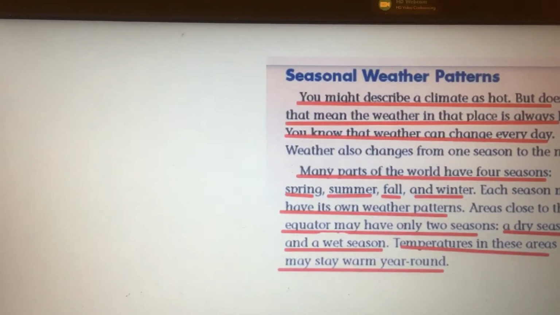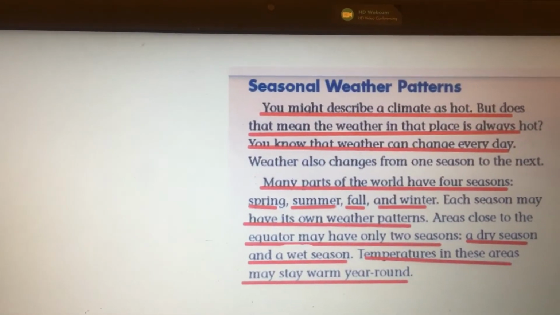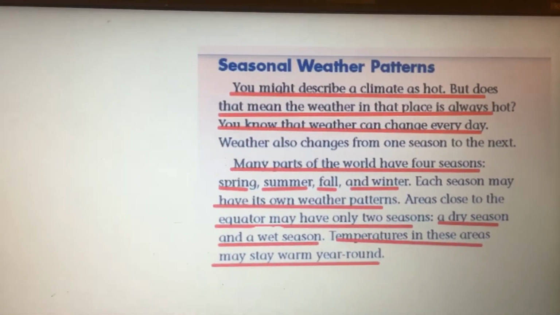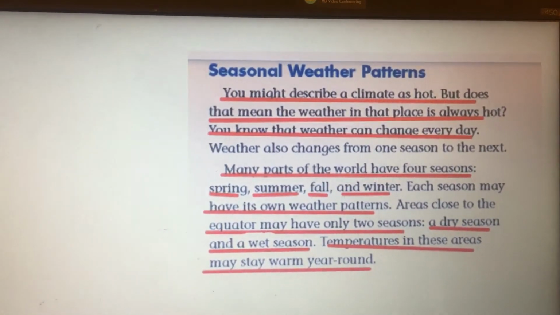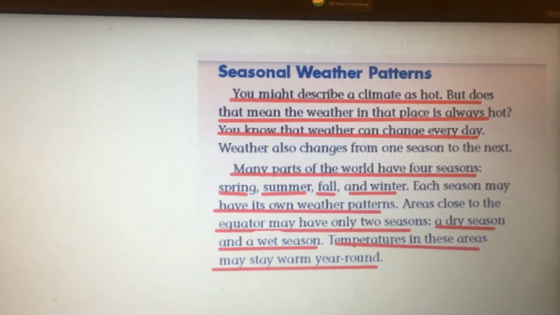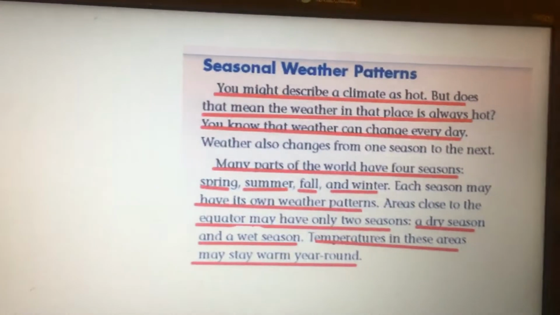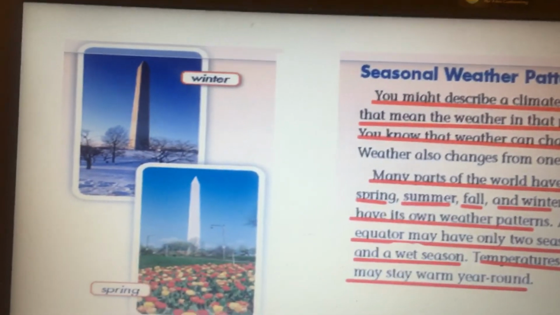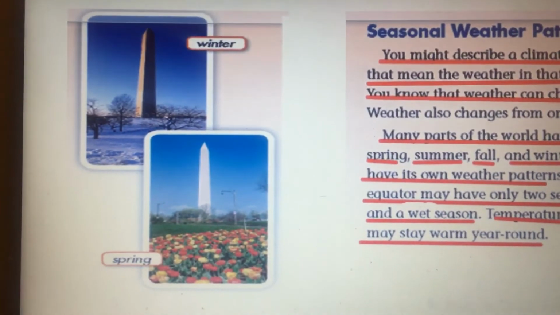But the areas which are close to the equator have only 2 seasons: dry season and wet season. Temperatures in these areas may stay warm year round. Here we have 2 seasons, the winter and the spring.